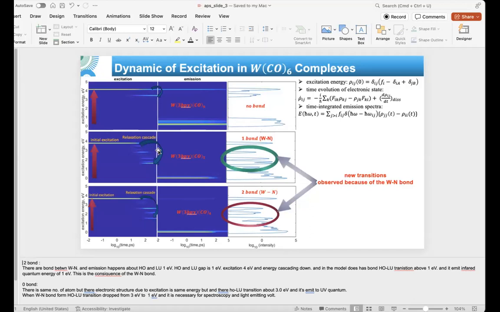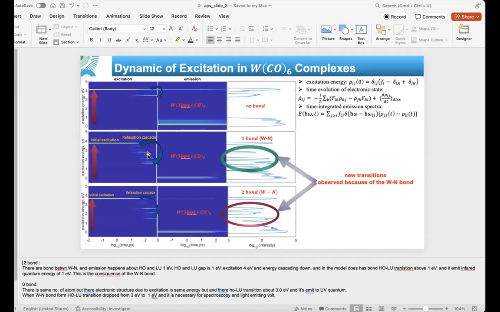But when there is one bond formation between tungsten and nitrogen, though we use the same initial excitation of 4 electron volts, the energy cascade is larger. It drops to around 1 electron volt, or 1.2 or something like that.